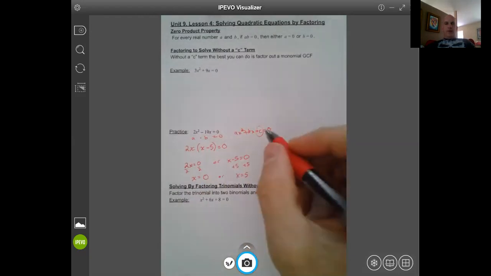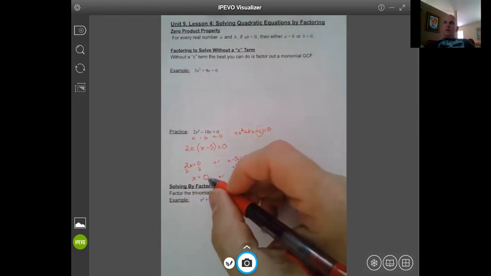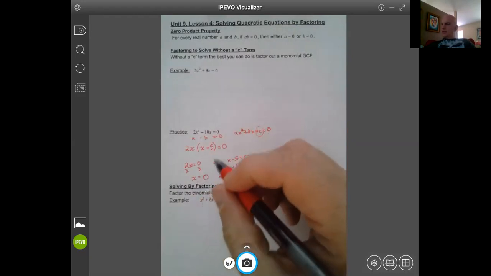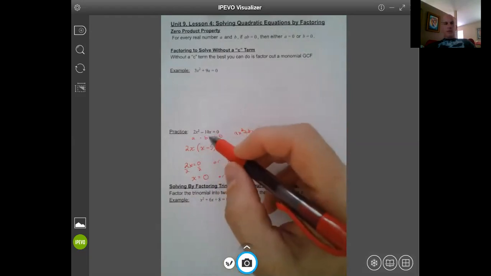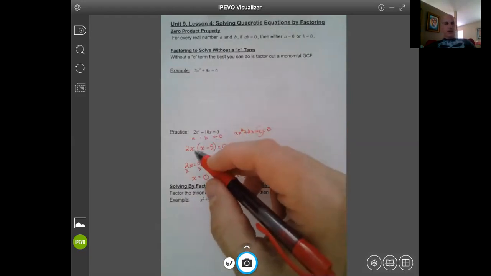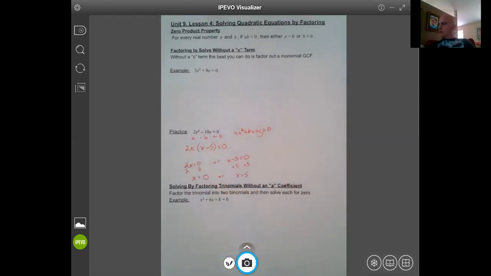If the y-intercept is missing, that means the y-intercept is 0, which means it's crossing at the origin. So it will not only cross the y-axis at 0, it will also cross the x-axis at 0. So when you have this type of situation where you're missing a c, you should know that one of your factors is just going to come out as 0, and the other will come out as something else.